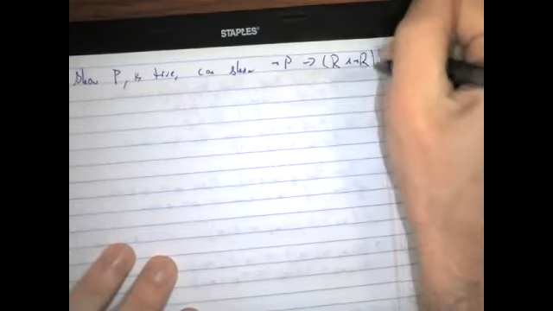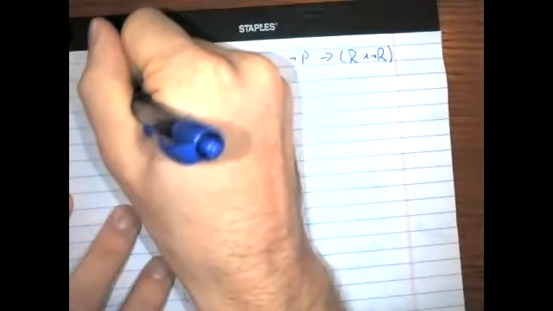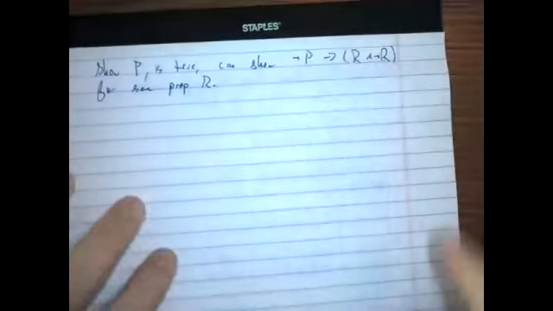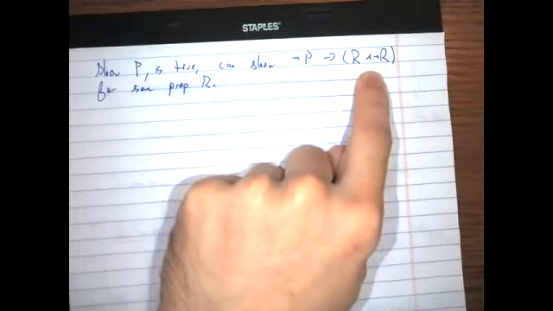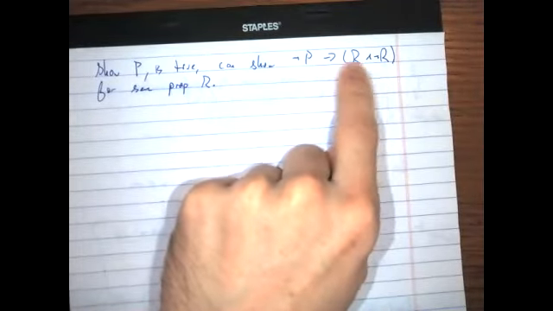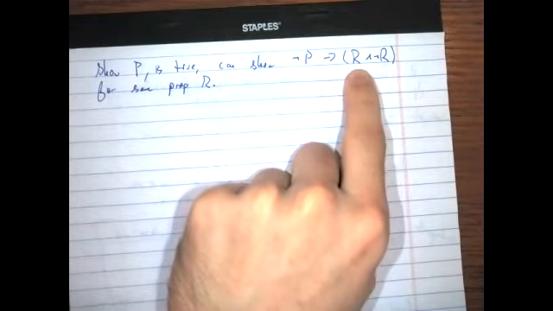If we want to show P, then one way to do it is to show not P implies R and not R for some proposition R. We know that contradictions can be constructed out of basic propositions in this form.